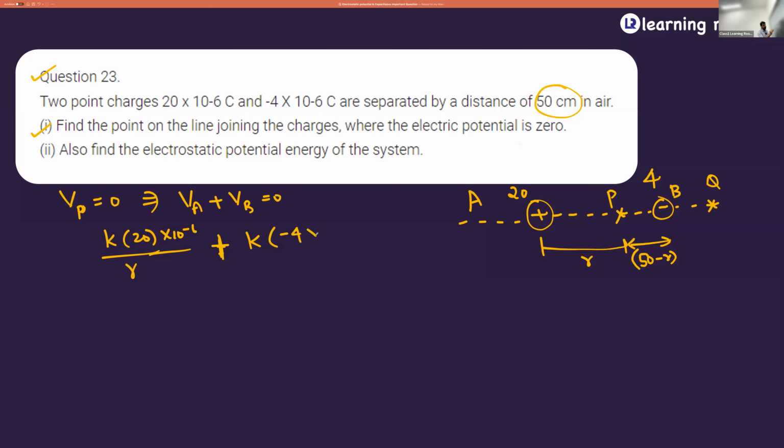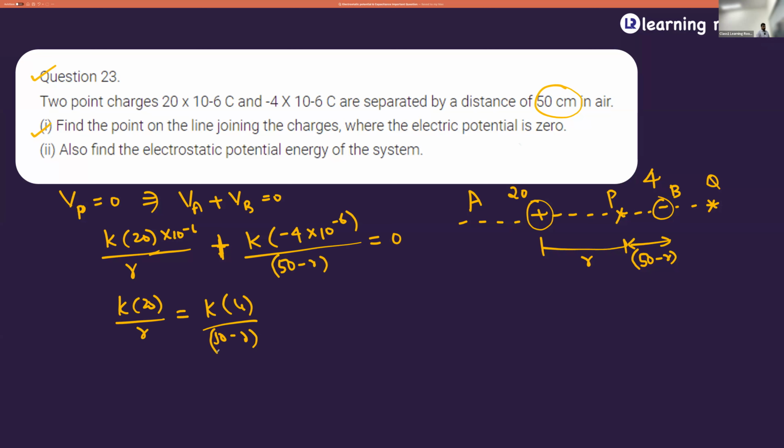K into minus 4 into 10 power minus 6 divided by 50 minus R, which should be equal to 0. So the answer will be K into 20 divided by R is equal to K into 4 divided by 50 minus R, because 10 power minus 6 gets cancelled.